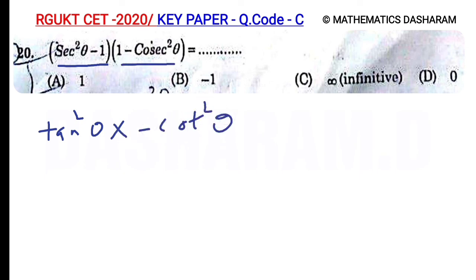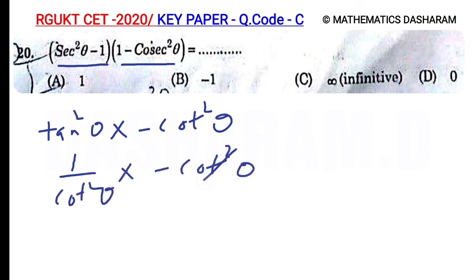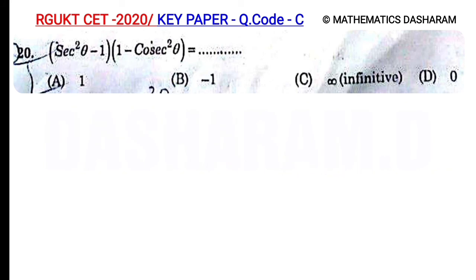Secant square theta minus 1 is tan square theta, into 1 minus cosec square theta, which is minus cot square theta. Tan square theta can be written as 1 by cot square theta, into minus cot square theta, so both are cancelled, giving minus 1. Option B is correct.